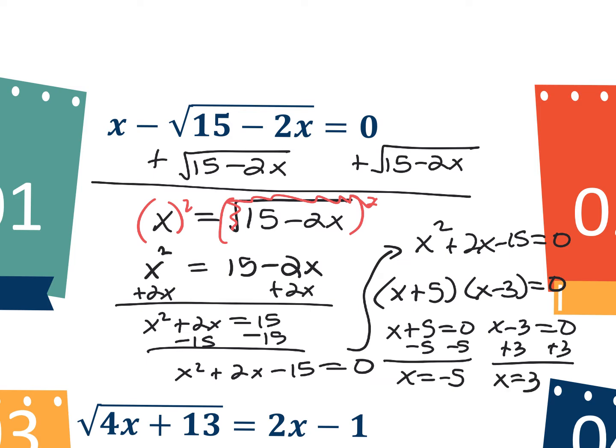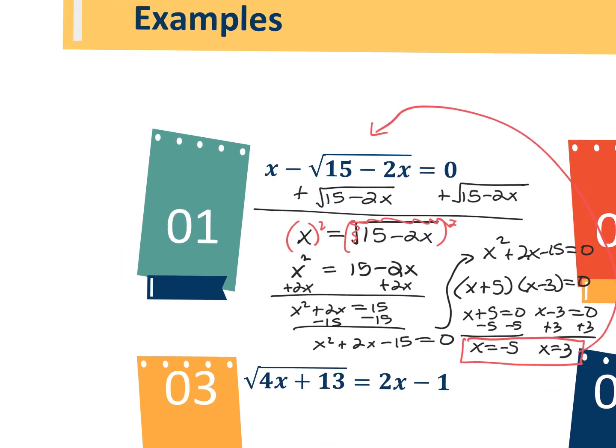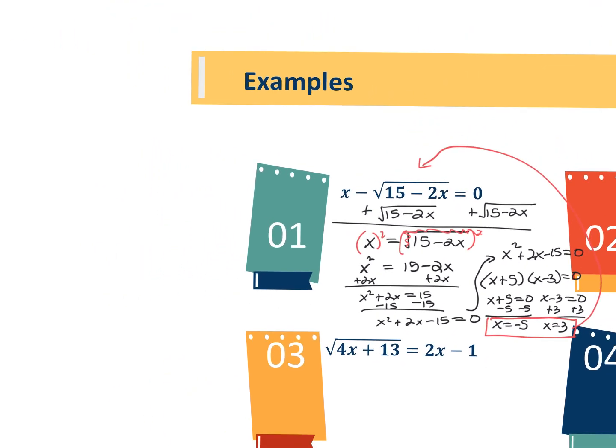Now, for all of these radical equations, we must check. So I need to take these two answers I just got, and plug them back into the original. So I'm going to come over here to the side to do the check. So this is my check now. I'm going to first plug into x minus the square root of 15 minus 2x equals 0.